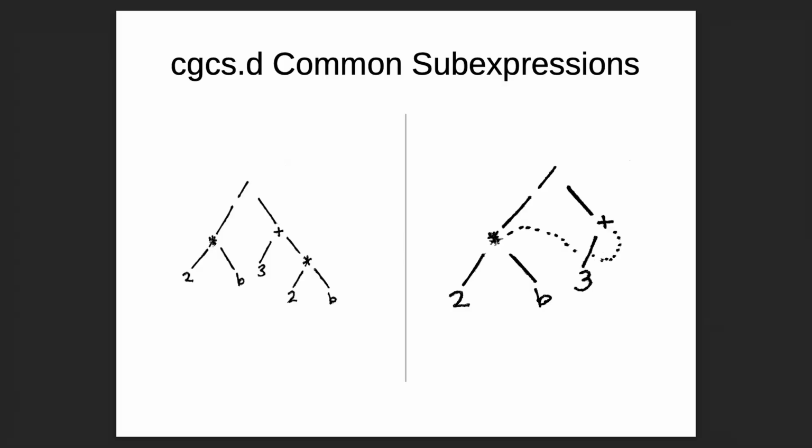You see in the expression, 2 times b is repeated twice. Since b is not modified in between those computations, it's a common subexpression and does not need to be computed twice. The code snips off the second one, and that line points to the first one.